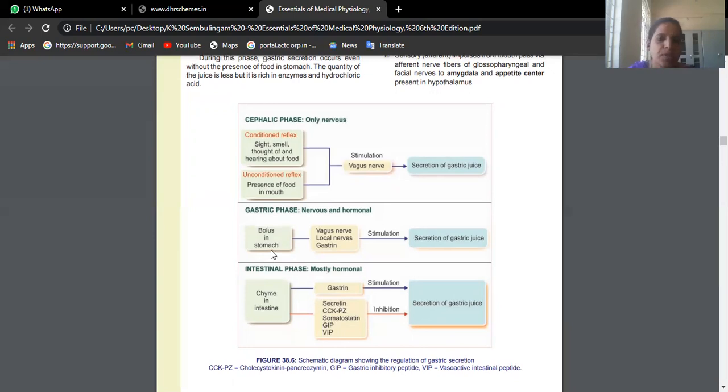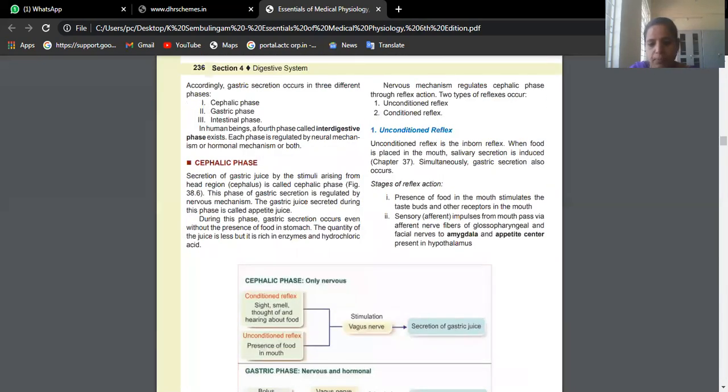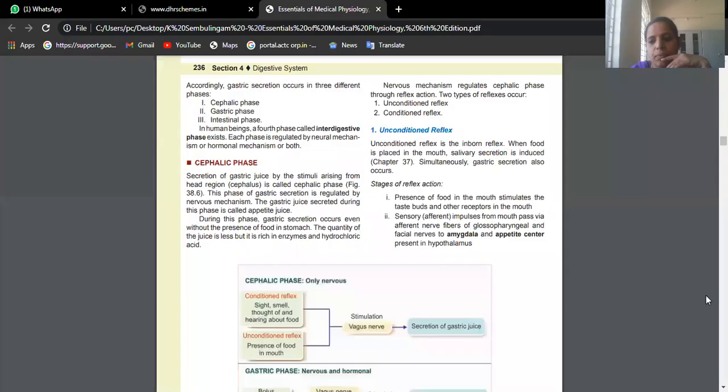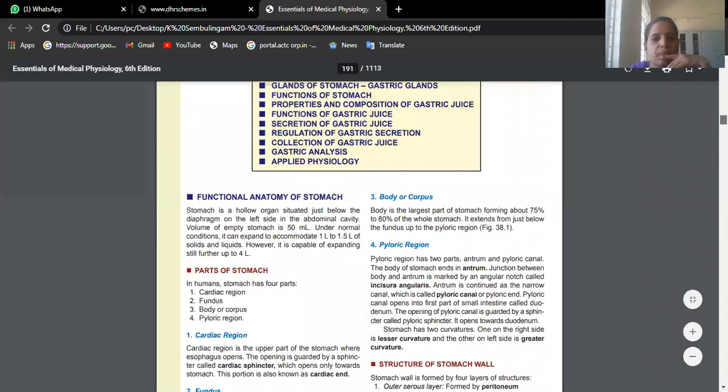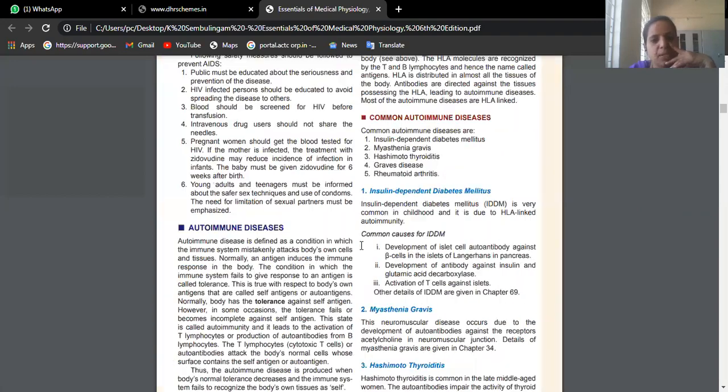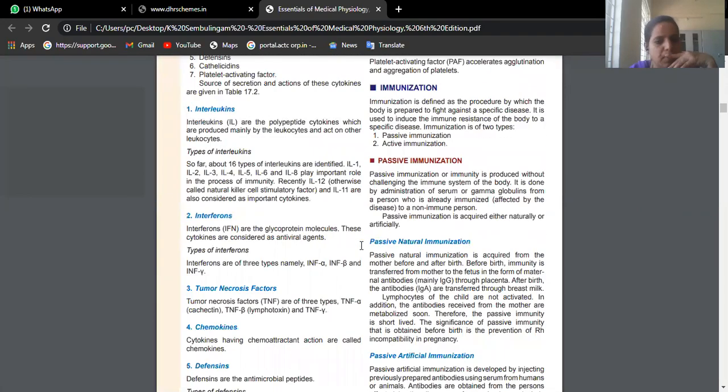So these are the phases. Now, what is the role of B lymphocytes? What type of immunity does it give? B lymphocytes we did many times.